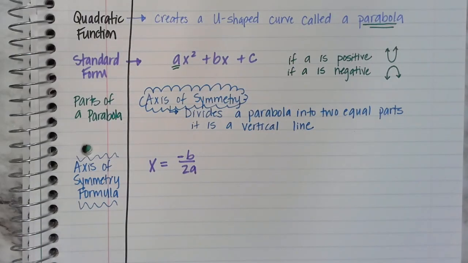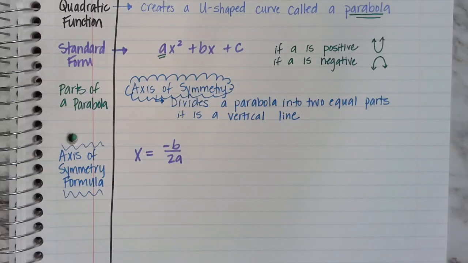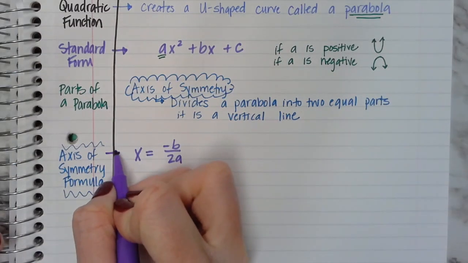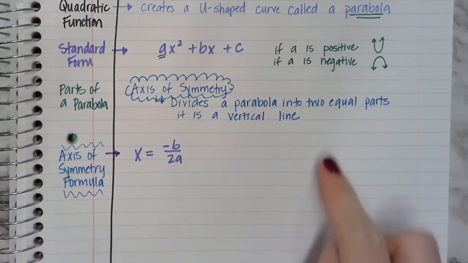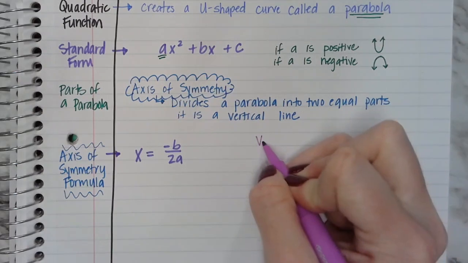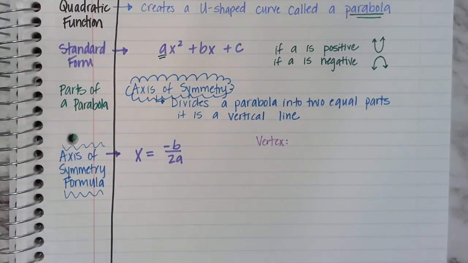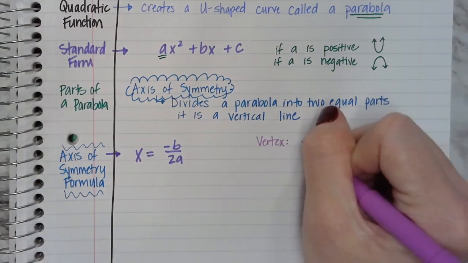Another key feature, a key part of a parabola is called the vertex. So we had a vertex of absolute value. We also have a vertex of parabolas. I'm going to put an arrow here just so I can organize this, because I'm going to utilize this blank space over here to define vertex. Your vertex, just like an absolute value, is a turning point.